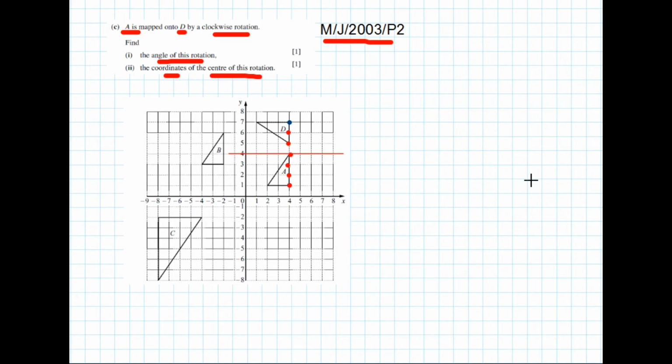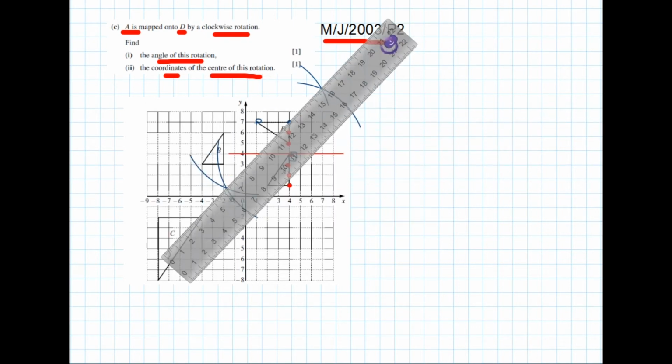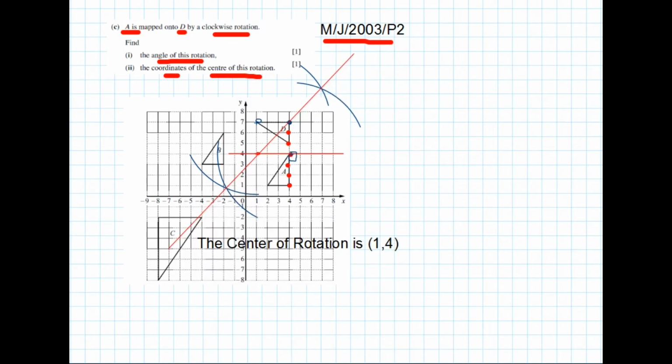We cannot divide the distance between the second set of corresponding vertices of triangle A and triangle D, so with the help of a compass, we draw the perpendicular bisector between them. The point of intersection of the two perpendicular bisectors is the center of rotation, whose coordinates are (1, 4), as shown.